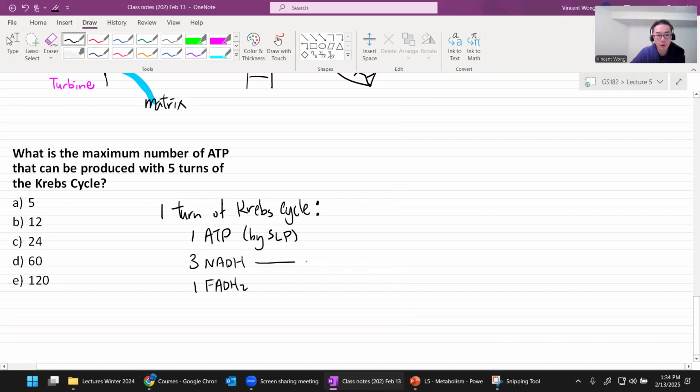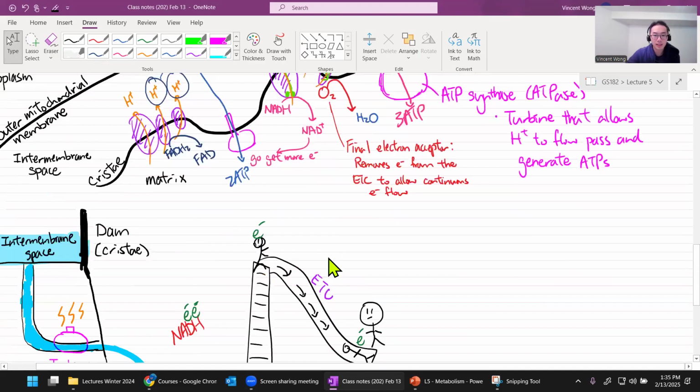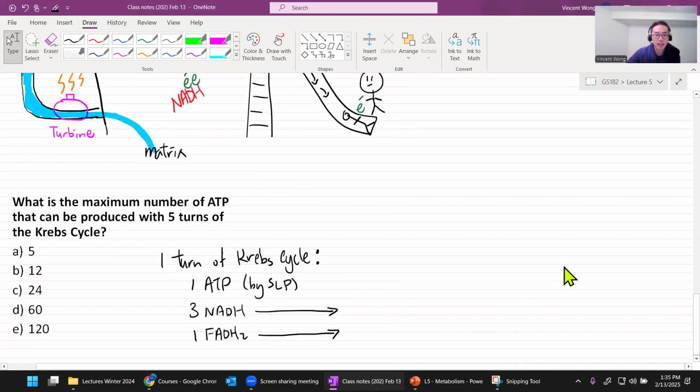These will go to the ETC, where you do the whole thing I just described. Each NADH can produce 3 ATP, so I multiply this by 3. 3 times 3 is 9 ATP. Over here, I multiply by 2, which gives you 2 ATP. ATP produced at the ETC is called oxidative phosphorylation, OP.